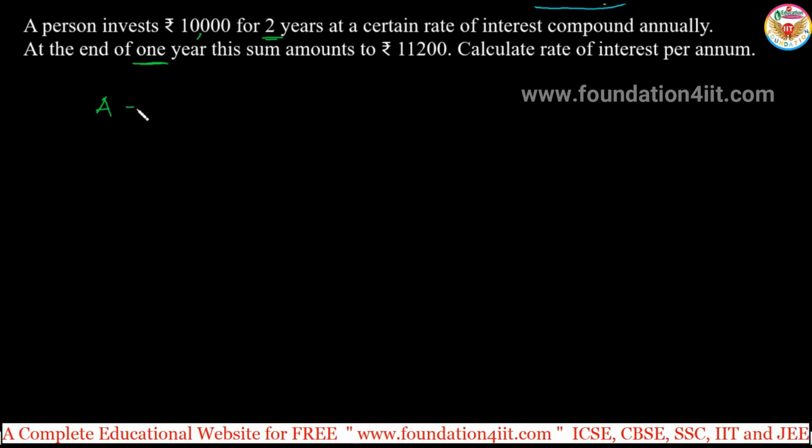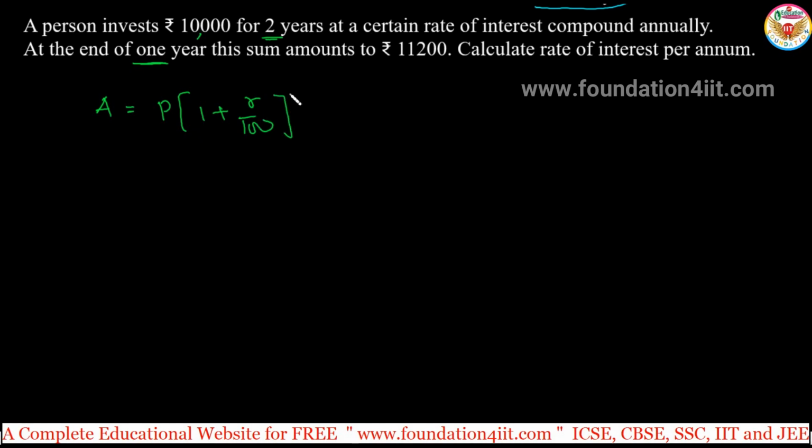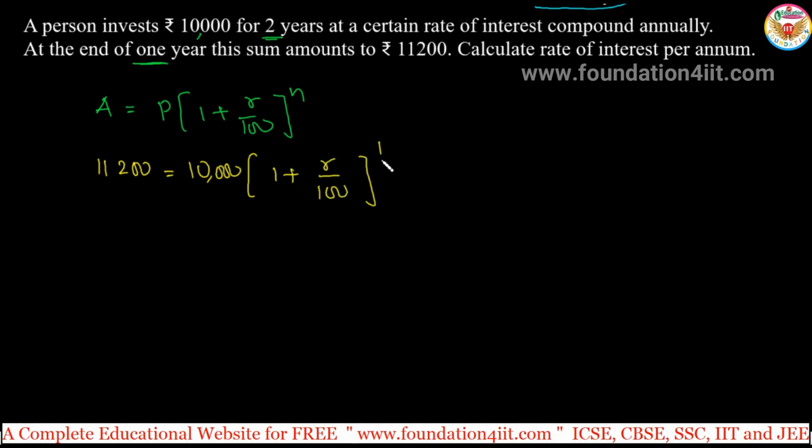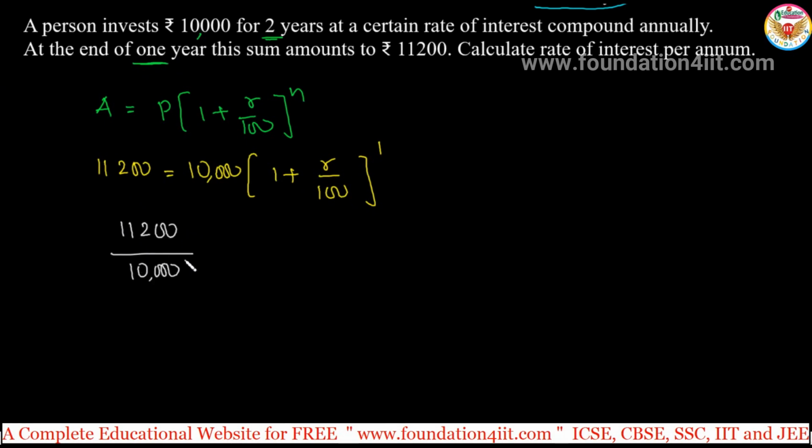So the same formula. Amount is equal to P into 1 plus R by 100 to the power N. Substitute here. Amount is equal to 11,200. P is 10,000. 1 plus r by 100 all to the power 1 we should take, because at the end of the 1 year is this. Now 11,200 divided by 10,000 is equal to 1 plus r by 100, because power 1 we can remove.